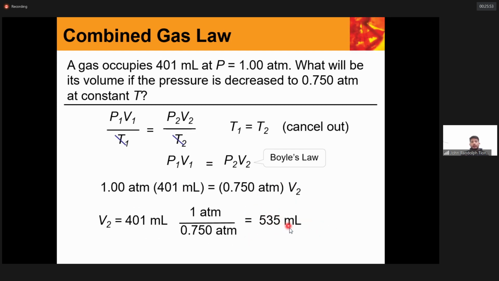Then you get 535 ml. As expected, this new volume is greater than 401 ml, as we have here the relationship for Boyle's law. Right, next.